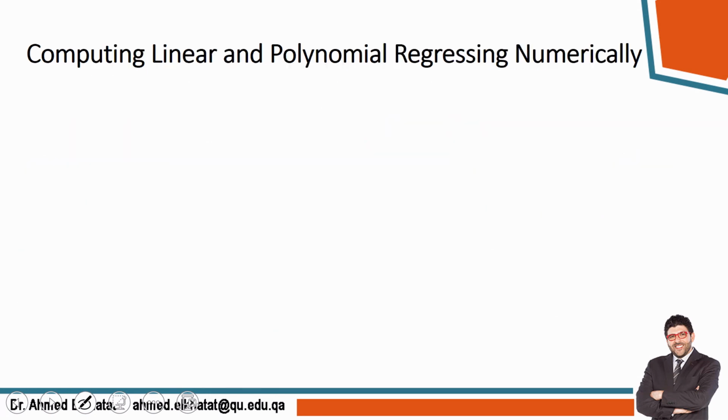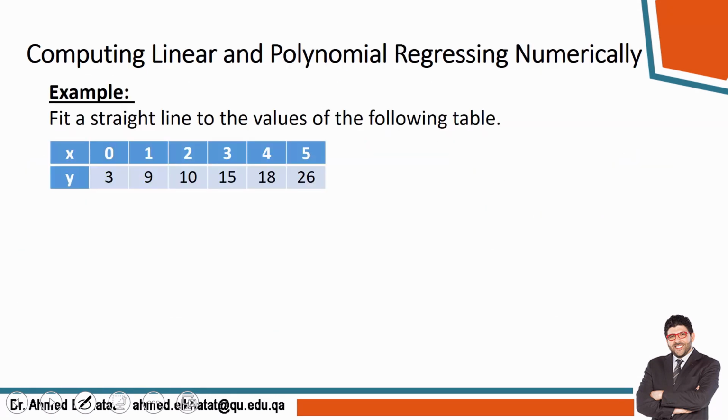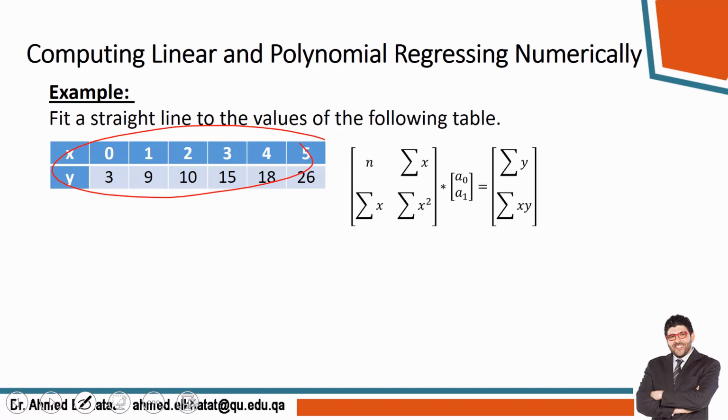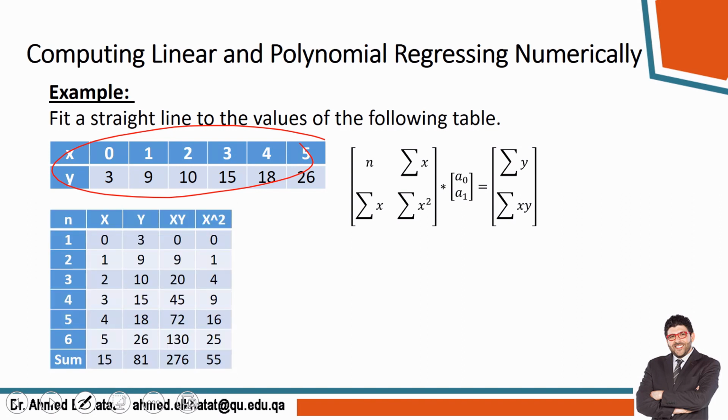Okay, and now let's take an example. Suppose that you have a table like this and you want to find the linear regression correlation for X and Y. Remember that this is our matrix. So now we create a table that contains X, Y, XY, X squared, and we find the summation of all points.